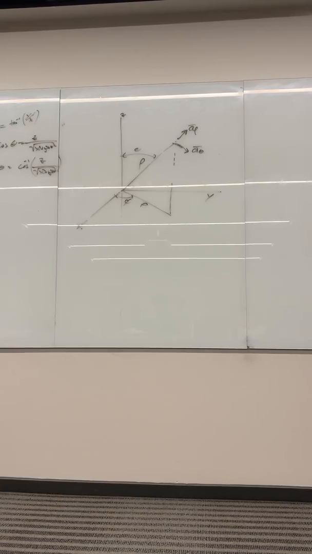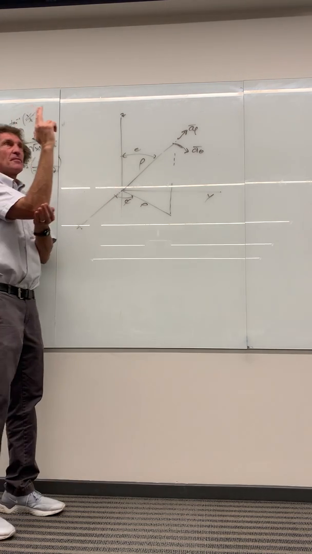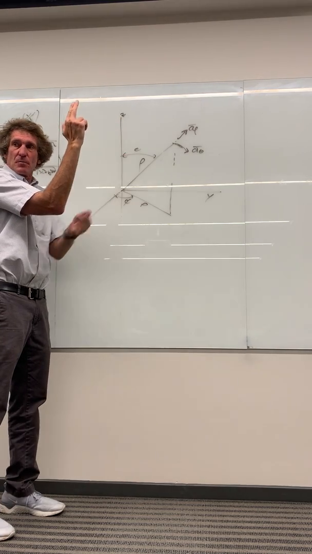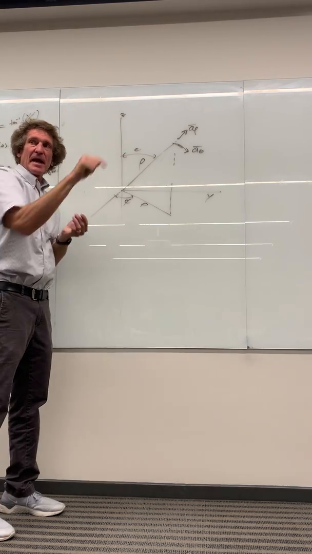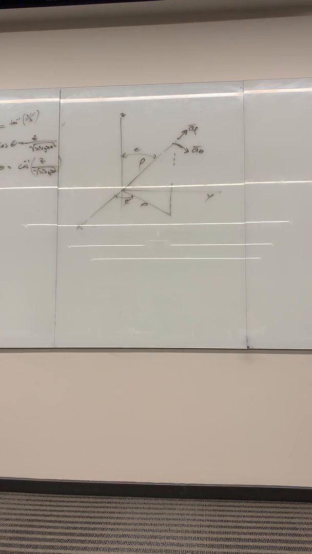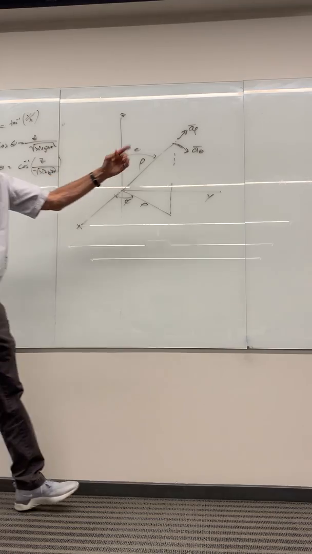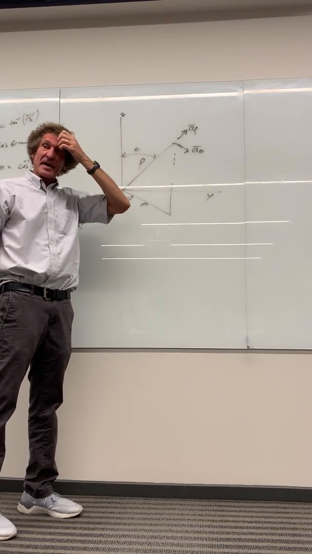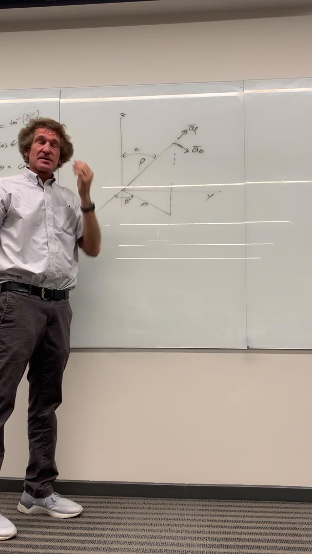But if I just use my arm here, and you look at the tip of my fingers, this is going to be holding the fulcrum, like right here. And if I move this tip, you see how this arc length is moving? That is in the A theta direction. And you'll notice it's pointing from the North Pole towards the South Pole, you might say. It's pointing this way, not this way. It's not aiming at the North Pole. Do you all see that?